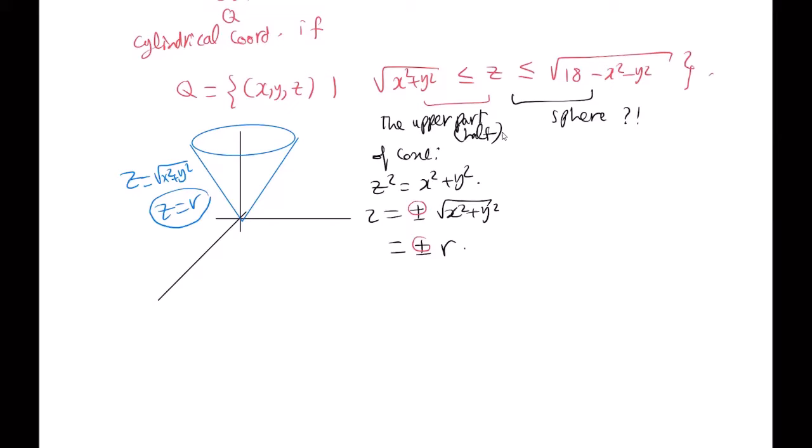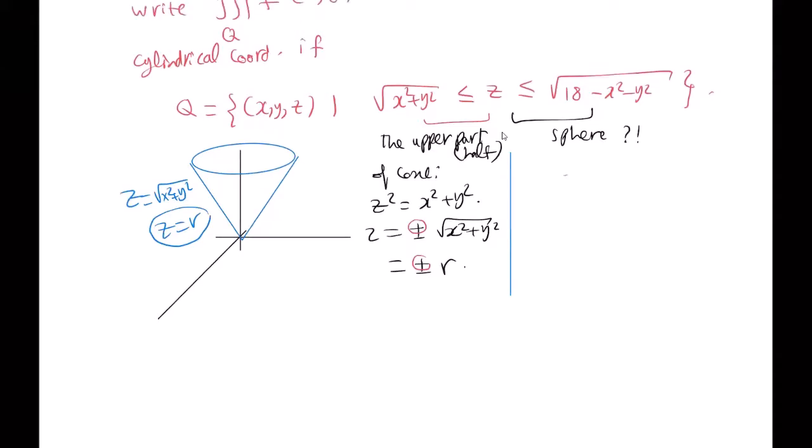The other one, Mahmoud expected to be a sphere. Yes, your expectation is right. So let's prove it: z square equals 18 minus x square minus y square. I squared both sides and took the equal sign instead of the inequality to get the bound. So x square plus y square plus z square equals 18.